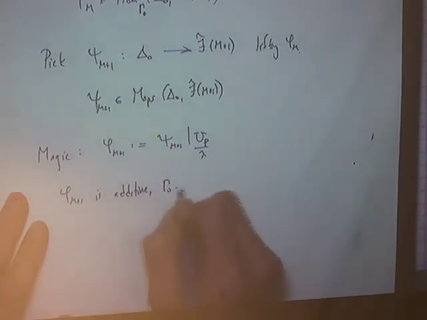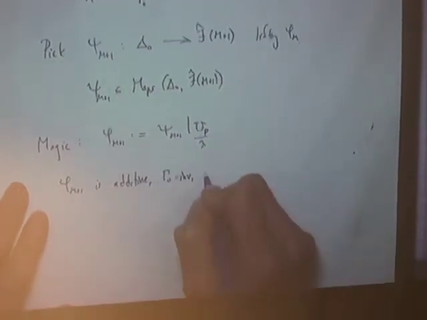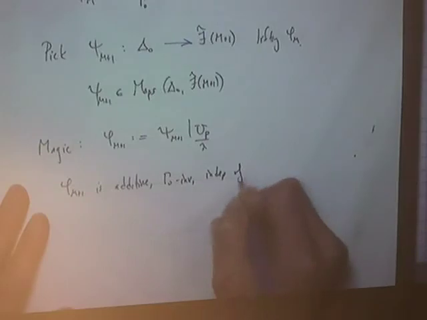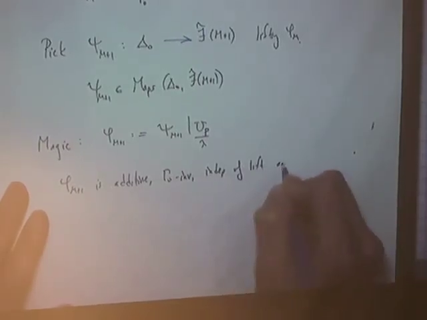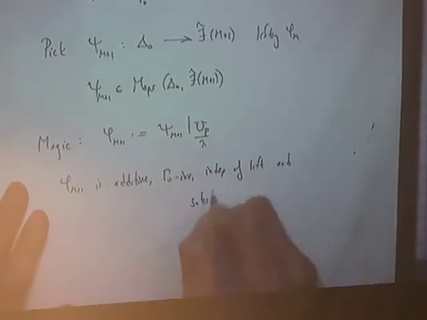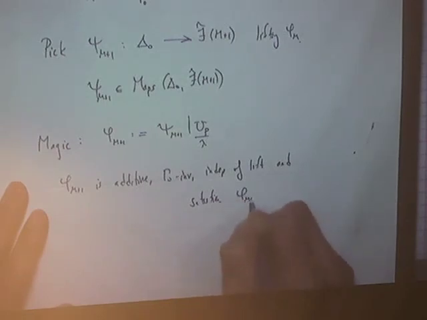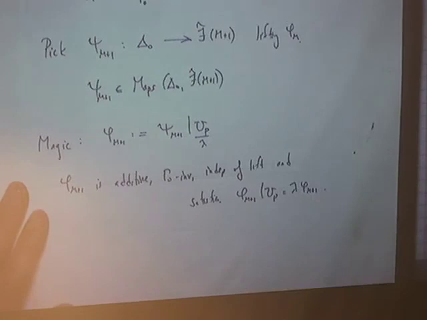It's gamma 0 invariant. It's independent of lift and satisfies phi m plus 1 acted on by UP is lambda times it.